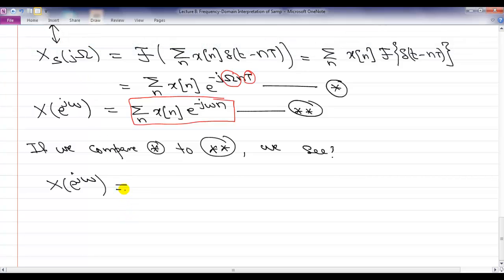In other words, the discrete time Fourier transform of my sequence is simply the continuous time Fourier transform of this xs(t), with capital omega replaced by little omega over T. If I simply replace this capital omega by little omega over T, I get back X(e^jω). Or I'll write that as Xs(j ω/T).